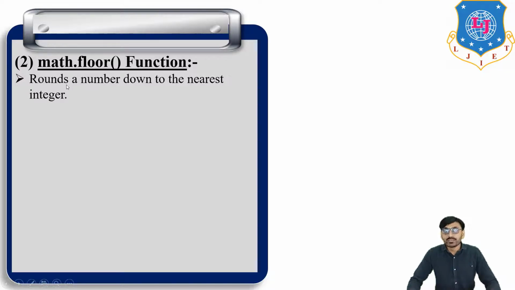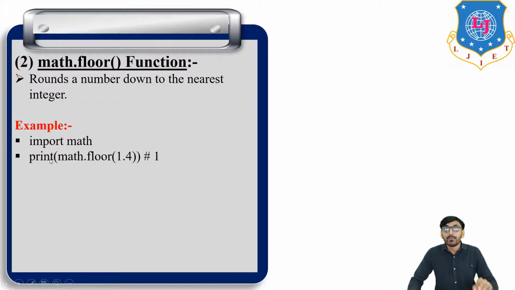It is used to round a number down to the nearest integer. For example, import math, then print math.floor 1.4. The floor function is used to round a number downward to the nearest integer. So for 1.4 we get the answer 1.